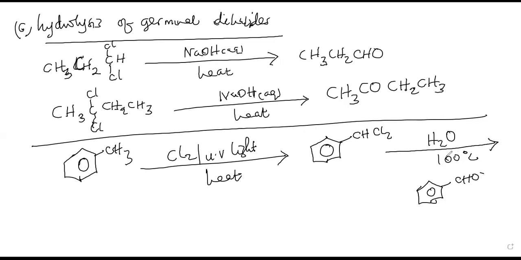So you boil with water, then you form your benzene carbaldehyde or benzaldehyde. That is hydrolysis of geminal dihalides, where you have two halogen atoms attached to one carbon. So let's look at another preparative method.